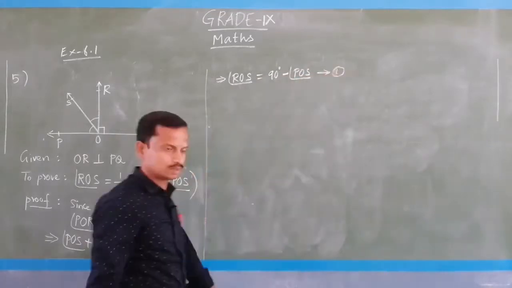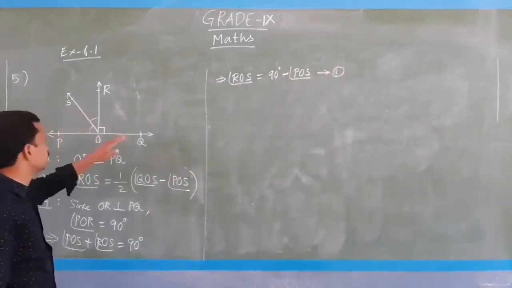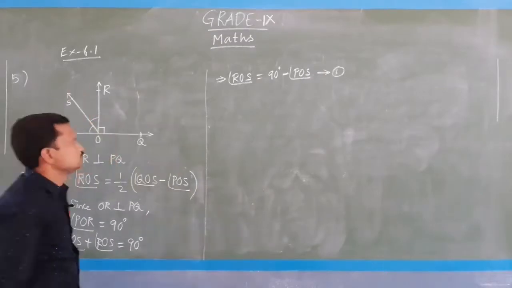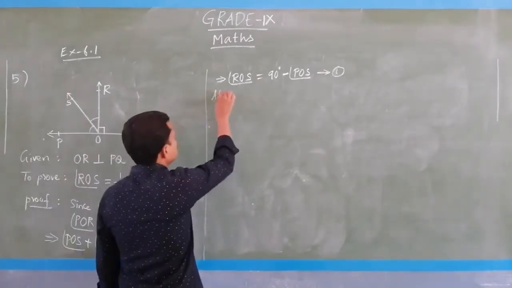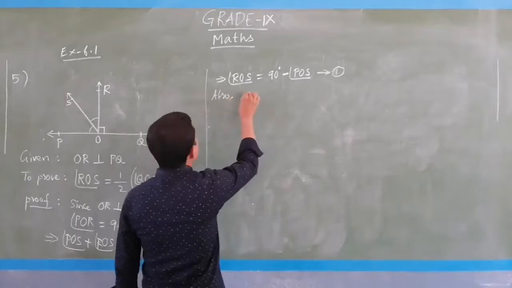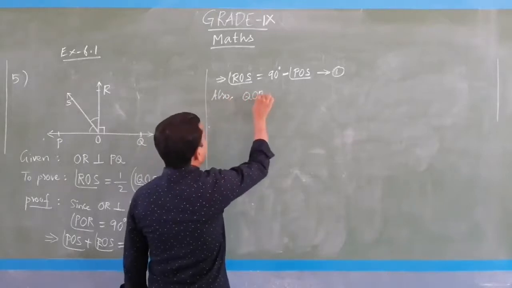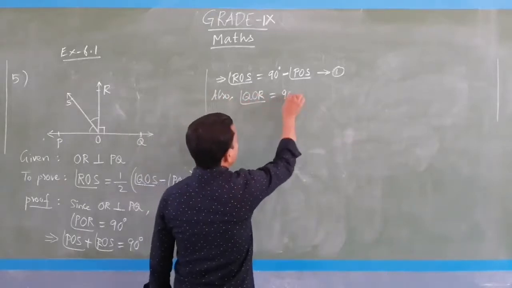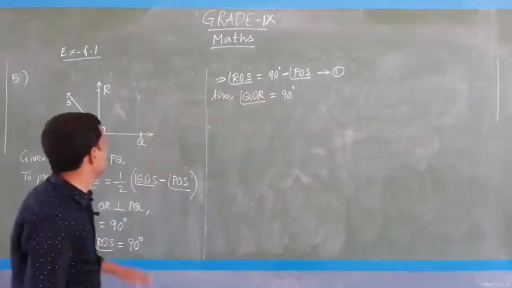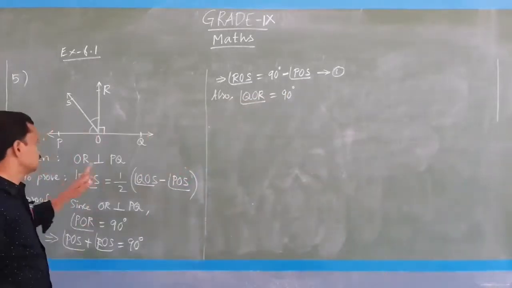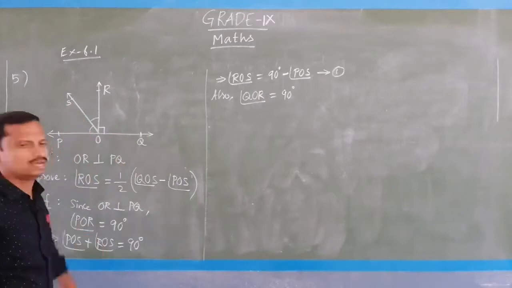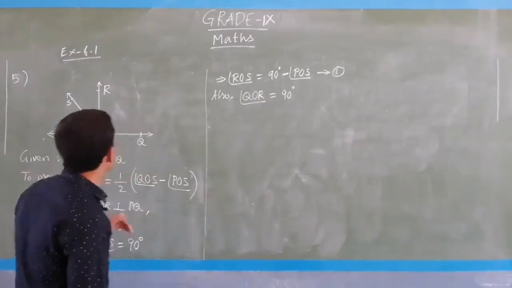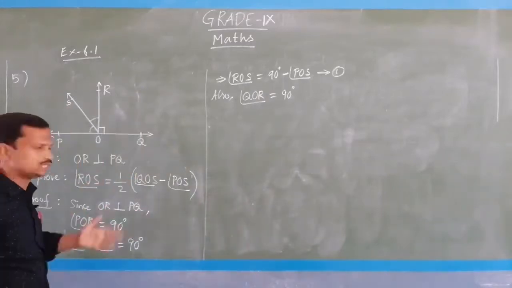And again coming to the next part, QOR is also 90 degree. That is given in the question itself, because OR is perpendicular to PQ, therefore QOR is 90 degree. So now this QOR we can split.